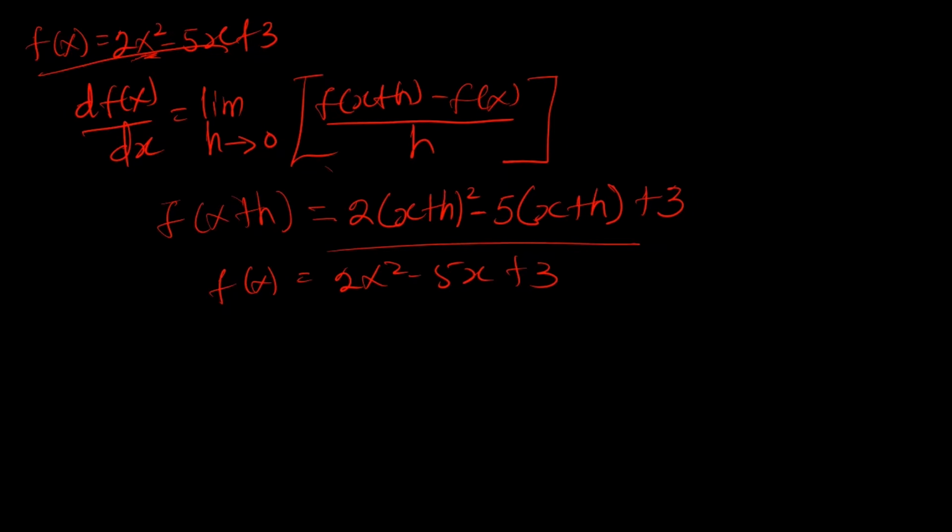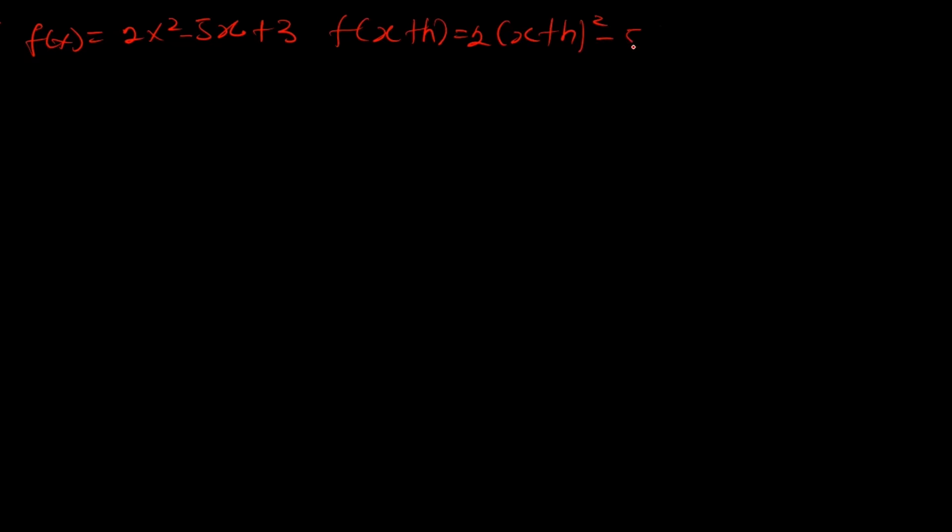Okay. So what we have to do is to just substitute this in the formula. Our f of x is 2x squared minus 5x plus 3, and our f of x plus h is 2 times x plus h all squared, minus 5 multiplying x plus h, plus 3.